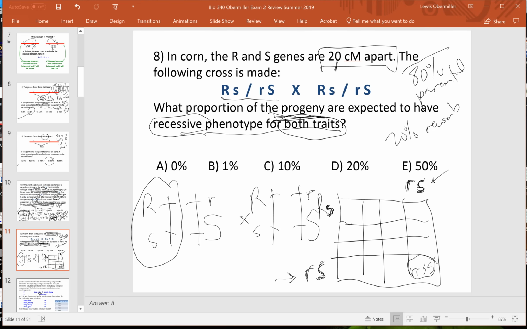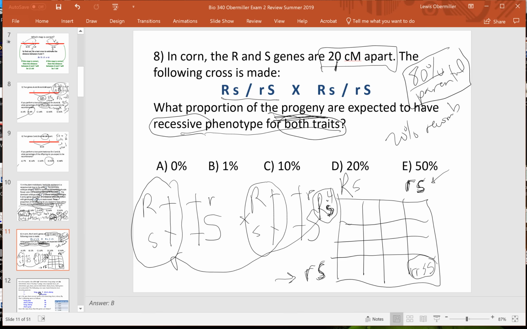So what's the probability of making this parental one, which is here, is 1/2 of 80%, or 40%. Make sense? And same for this parent, right? This would be their parental, and we could do this across on each square.